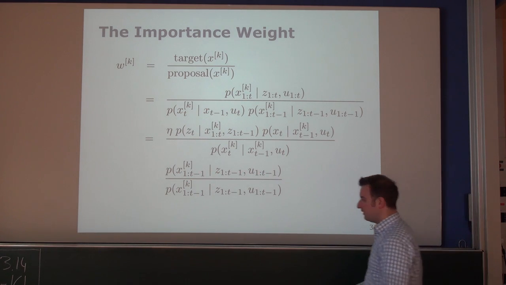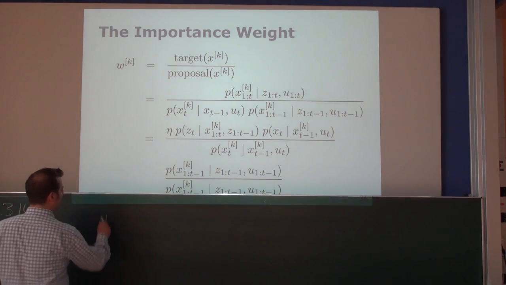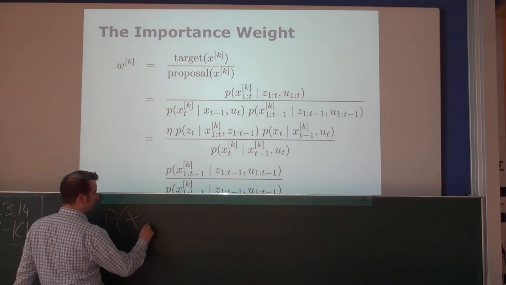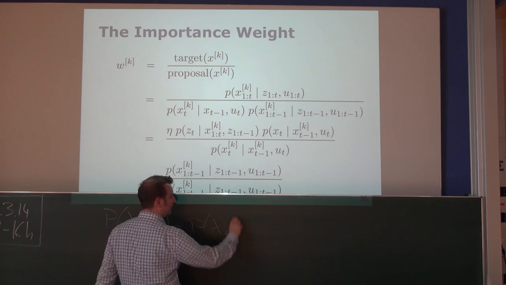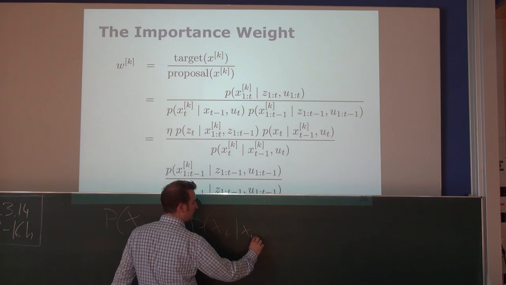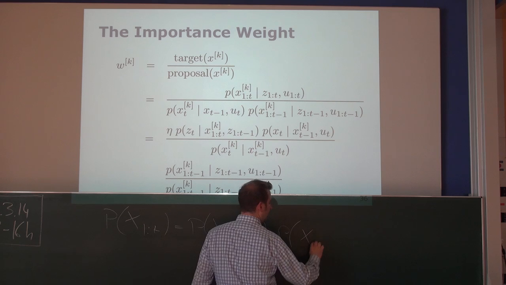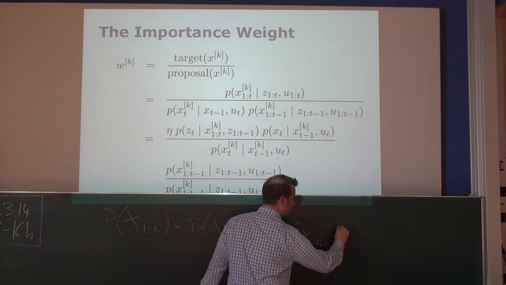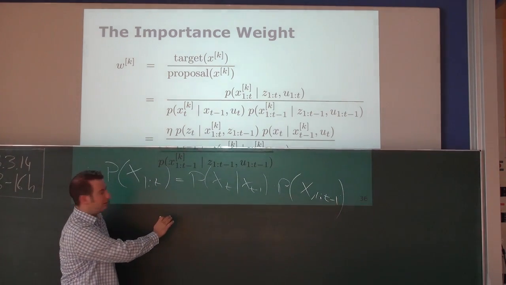So p of x1 to t is p of xt given xt minus 1 times p of x1 to t minus 1. This is just standard factorization.